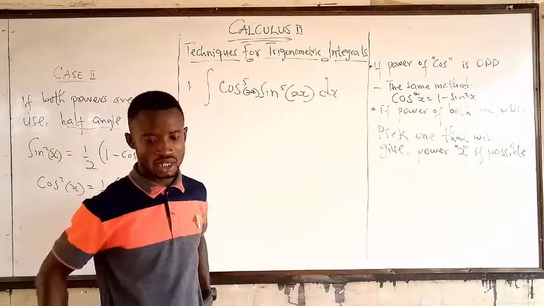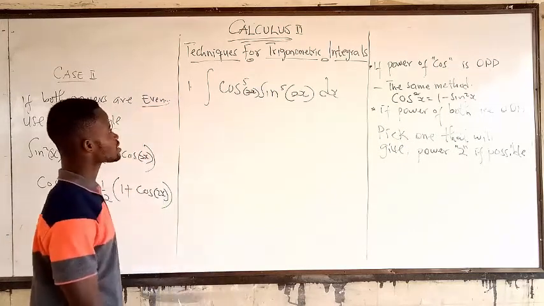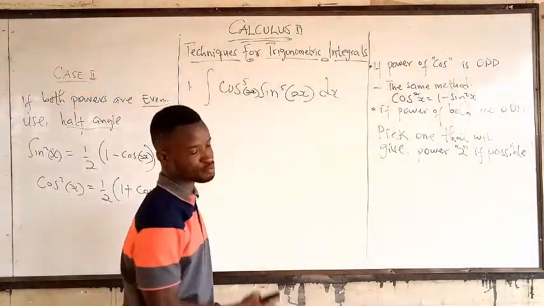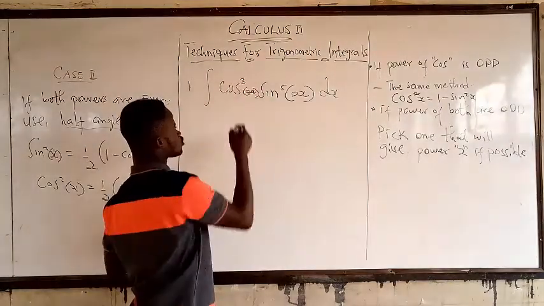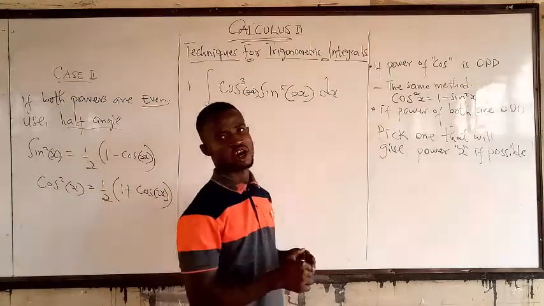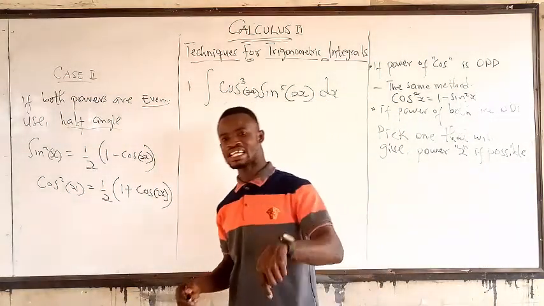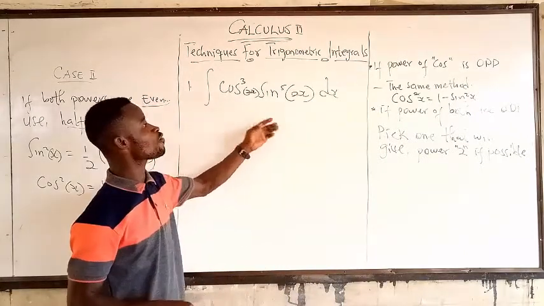Alright, very good. Now all that we are going to do is, you can see here is power 3. So which case is that? This is the case whereby one is odd and the other one is what? In fact, with this, both are odd.